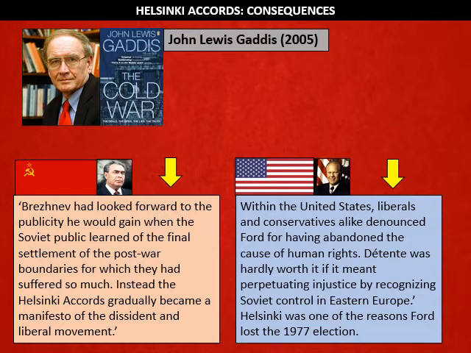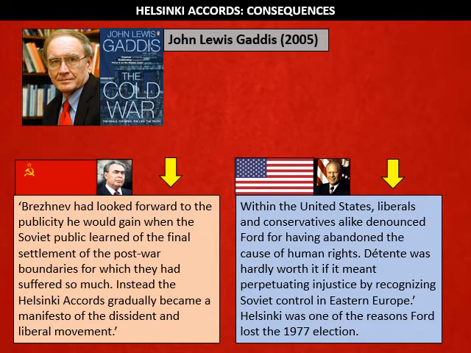So Gaddis believed that Helsinki had really damaged Brezhnev in the long term. That the human rights basket had real significance with protest movements in later years and decades. And so this had been a real cost that Brezhnev had incurred.